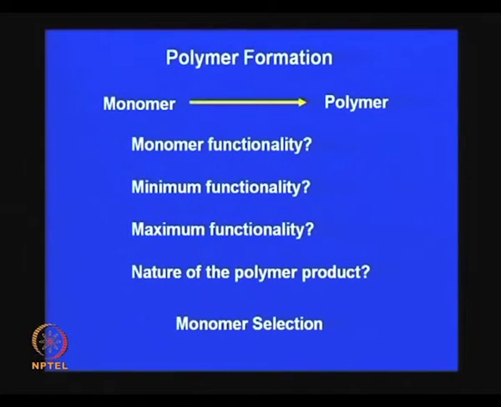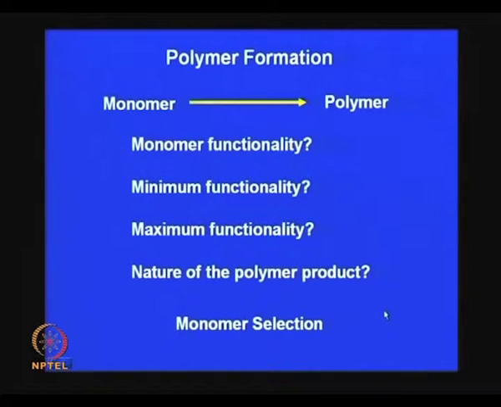No. So, the minimum requirement of functionality is 2, at least 2 sites should be there. Then only with the help of those 2 reactive sites, it can link up with one another, forming a very big macromolecule known as polymer materials.